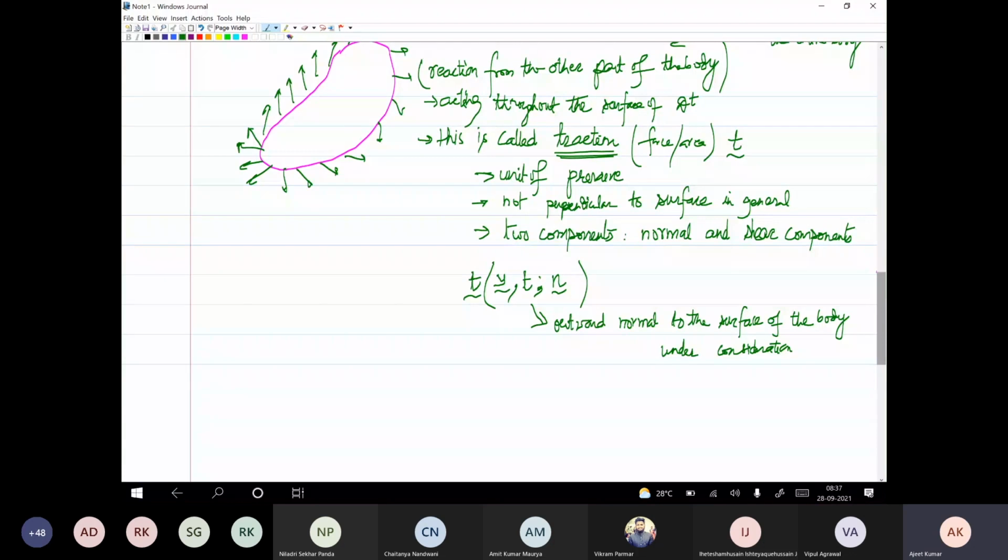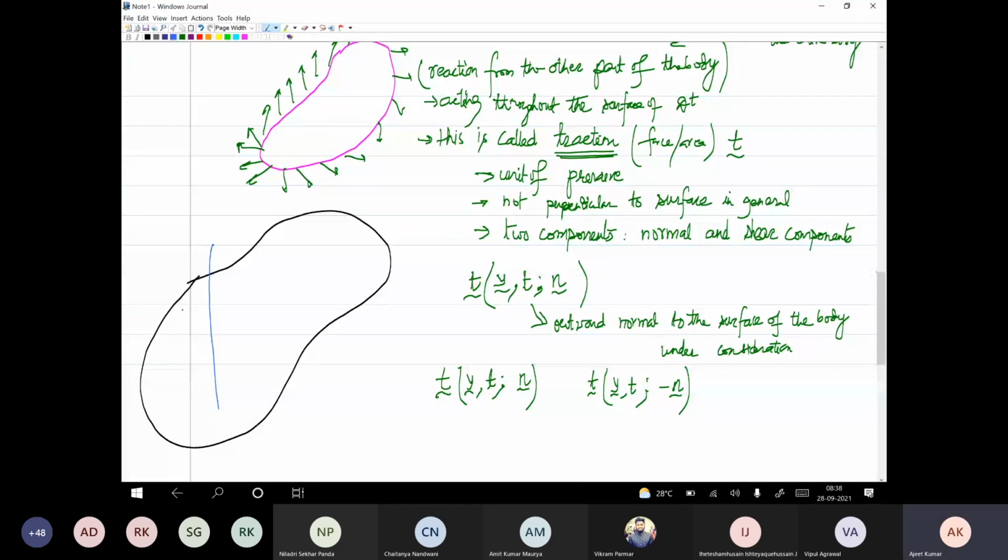And do you guys know how these two are related? T of y, t, n and T at the same point y and time t but of minus n. Do you know how they are related? Let us see the meaning of this. Again, think of the entire body and cut a section. Suppose the normal to this section is n.